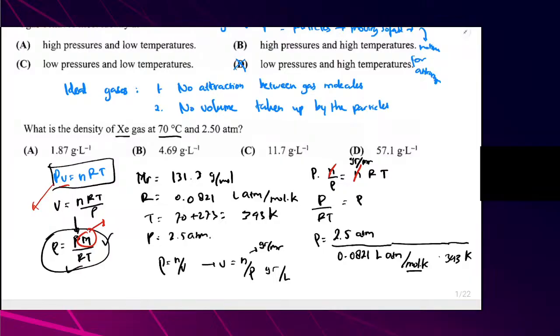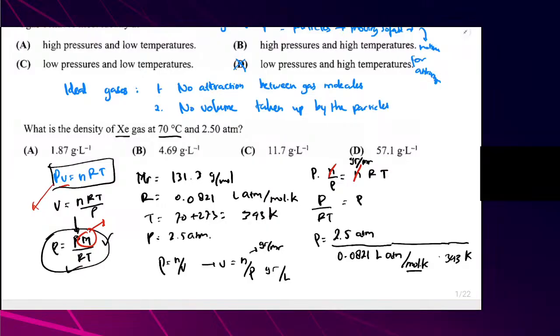So how to cancel out this one? We need to plug in once more. However, assume we don't know about this one, just in case we don't understand whether we need to put in the molar mass or not.